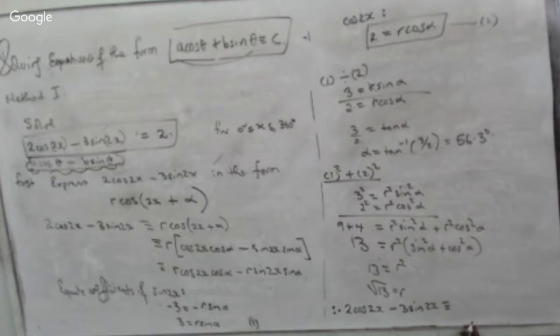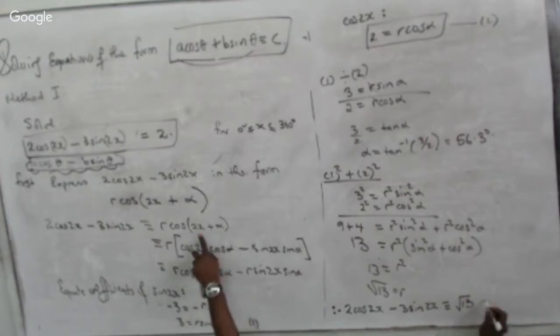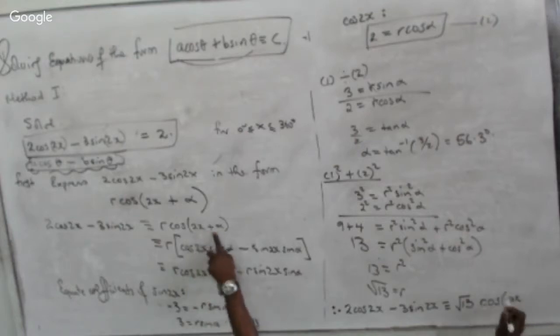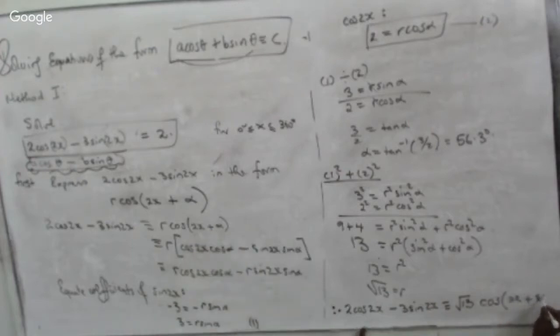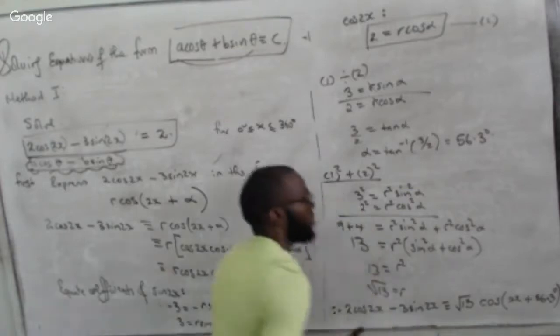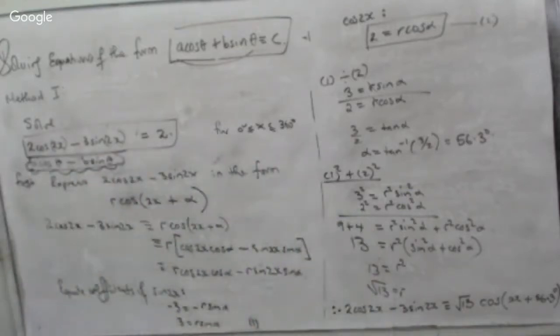What is r? R was supposed to be root 13. In other words, just look at this: root 13 cosine 2x plus 56.3 degrees. Remember, this is just an interim answer. We're not resolving for x here. Fair enough?